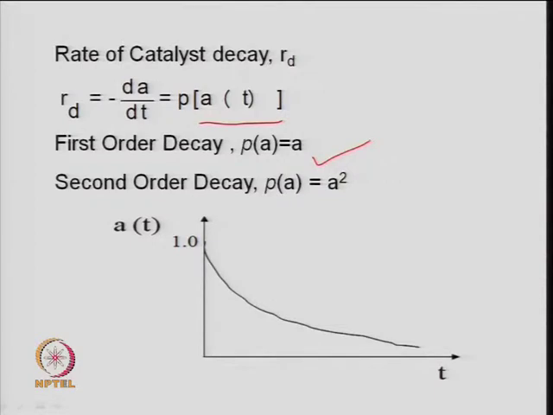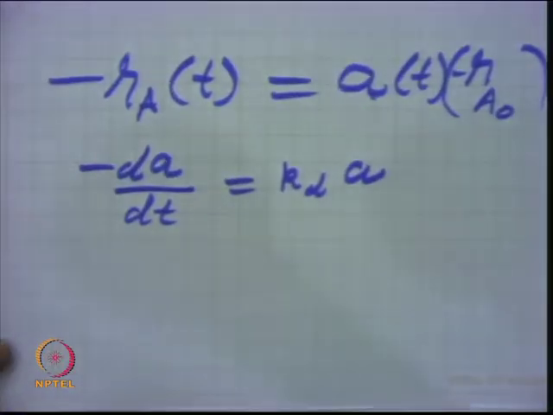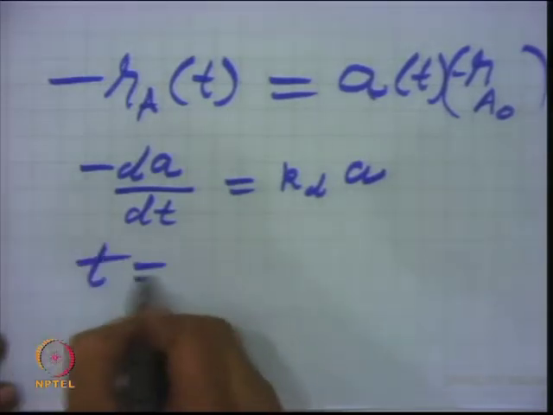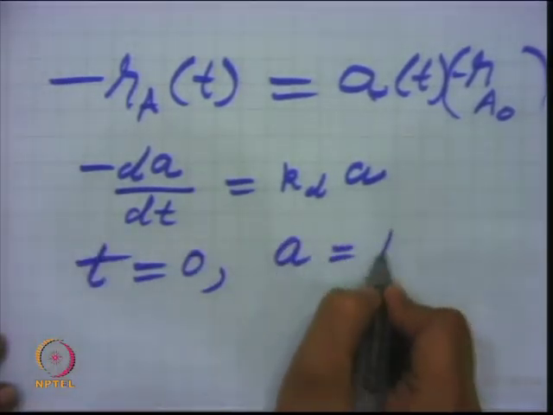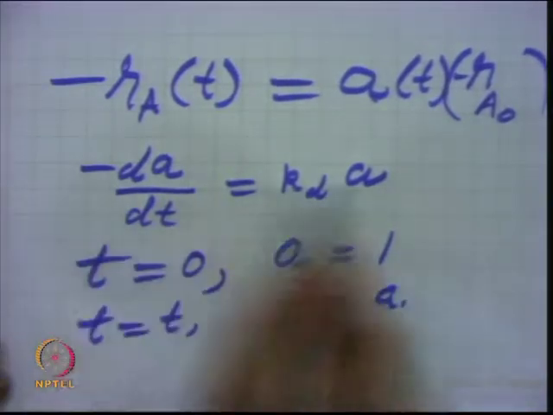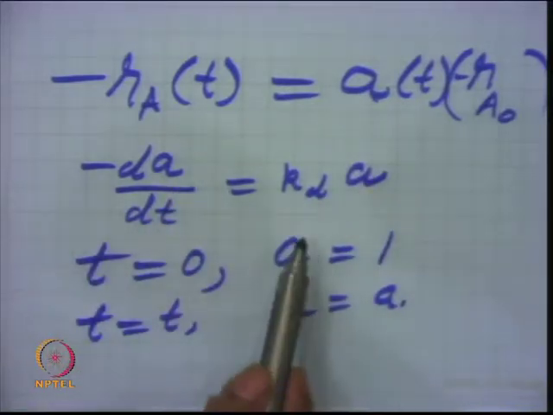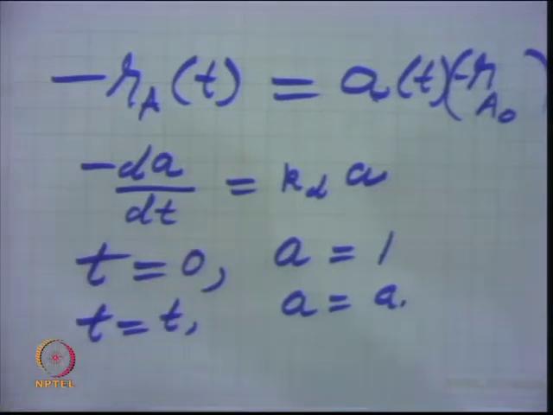In the first order decay, one can very easily write minus dA by dt equal to k d times A. This is a first order decay, and one can very easily integrate, because at time t equal to 0 the activity is 1, and at any time t the activity is A. So, one can use separation of variables and take the limit from 1 to A and time 0 to t, k d dt, and the integration can be done in this form. So, we get an exponential decay of activity for the first order deactivation.